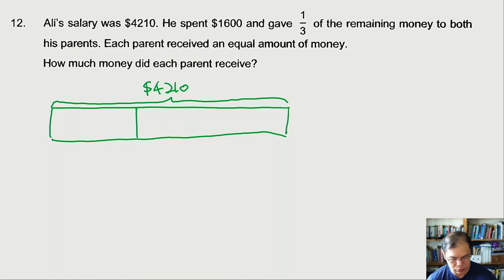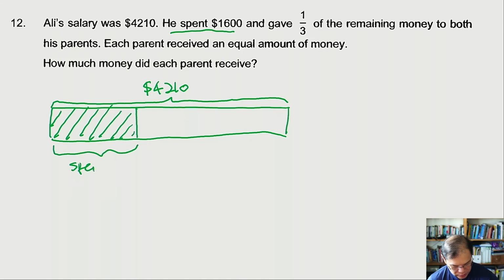This is a model, so it's just to give you a representation of what you understand about the question. So he spent $1,600. I wrote the word spent here to remind myself this is what the $1,600 goes to.